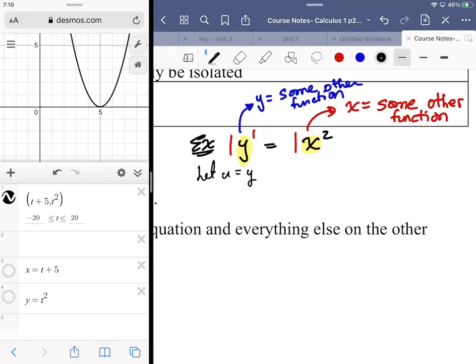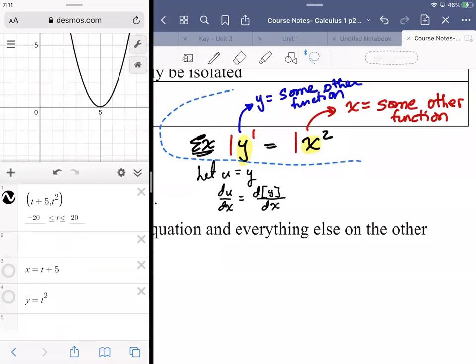If I take the derivative of u with respect to x, it becomes du/dx is equal to, well, what would it be equal to? I would have to take the derivative of this y equation, my unknown y equation, with respect to x.